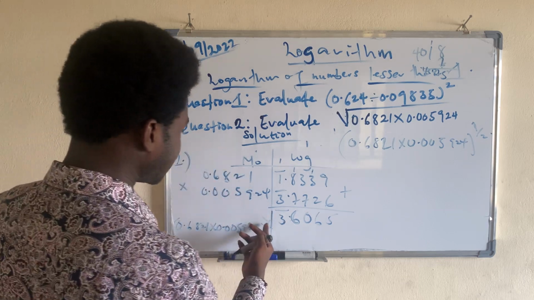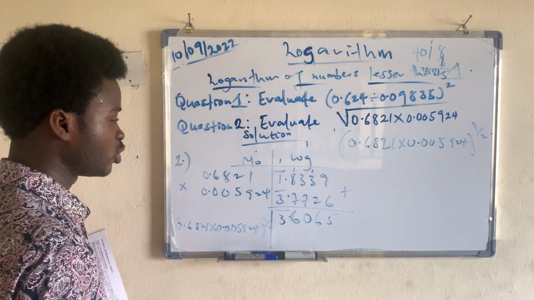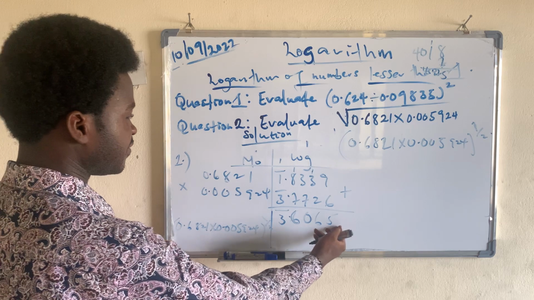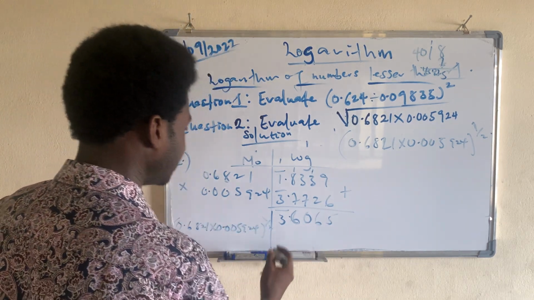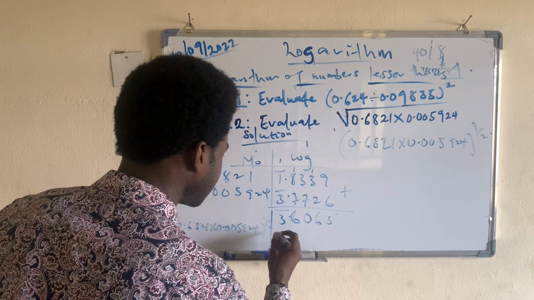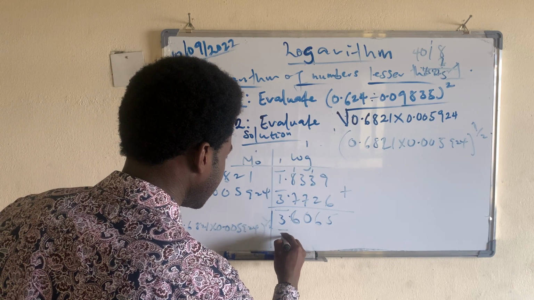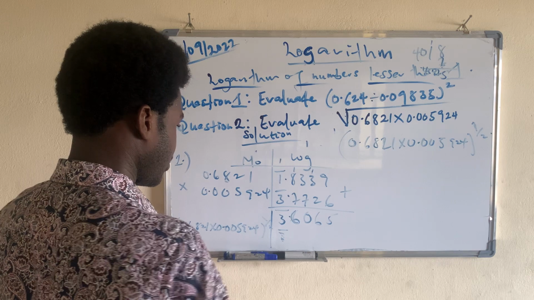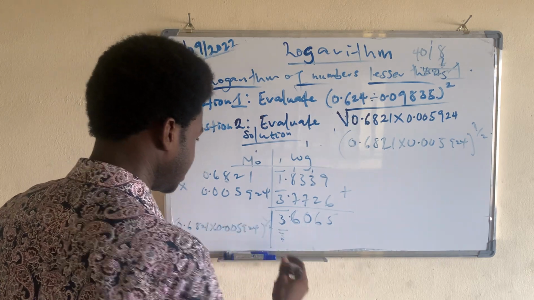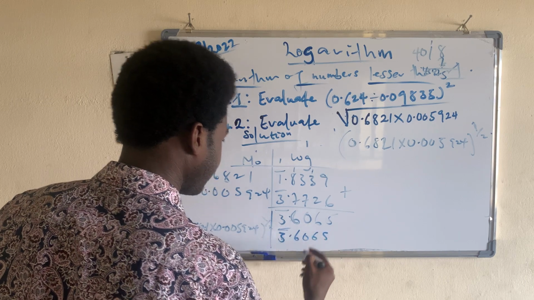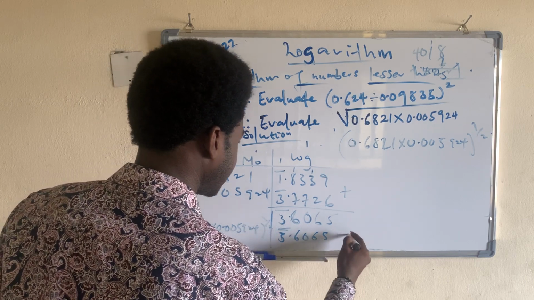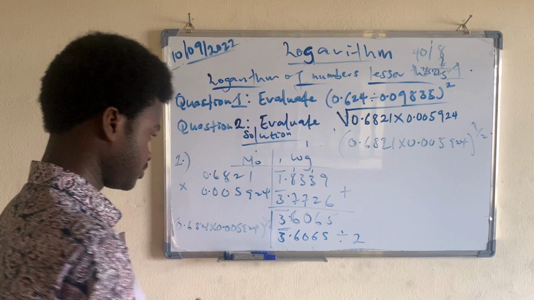So when I bring that down, according to the law of logarithm, I'll be dividing by 2. So it means this result here, I will divide by 2. So bar 3.6065 divided by 2.